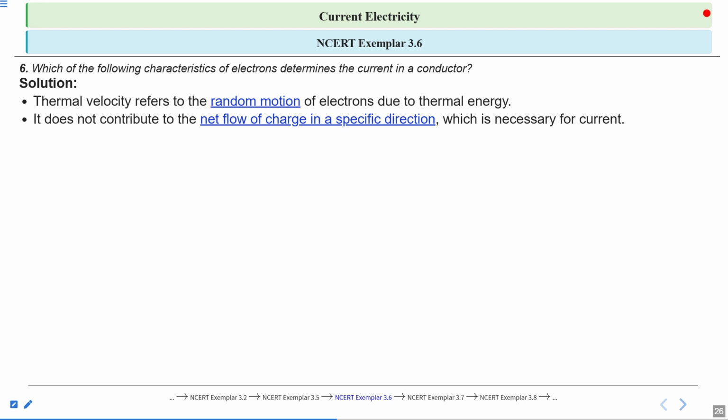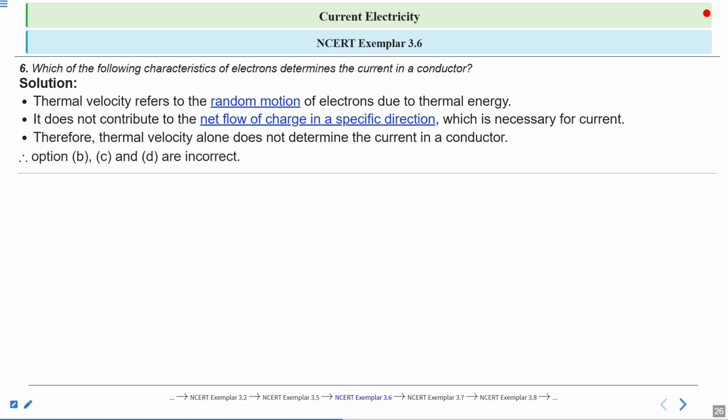The net flow of charges in a specific direction is determined by drift velocity, which is necessary for current. Therefore, thermal velocity alone does not determine the current in the conductor. So options B, C, and D are incorrect.